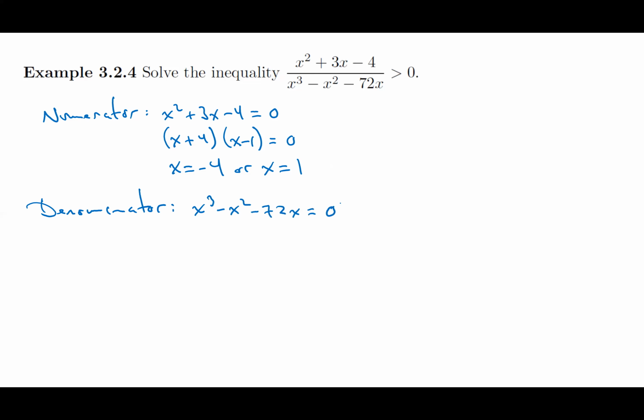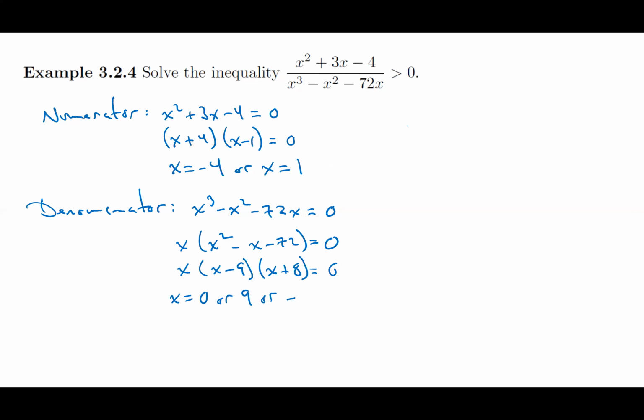So factor. And then keep factoring. So we have minus 9 and plus 8. So we have 0 or 9 or negative 8.